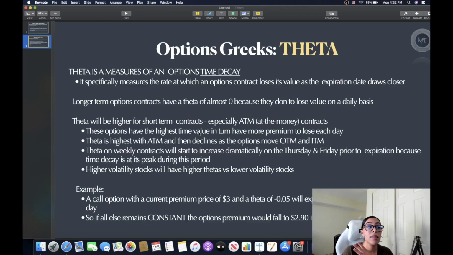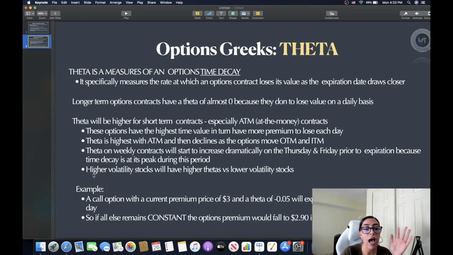Say for example, you entered at a level of 300, the stock pulls back to 298 on a Thursday, then moves back up to 300. You could still potentially be down on that position, even though the stock is back at the price point you entered. Because time decay is working against you, you're not going to be able to make up that premium price. The stock's going to have to make a more significant move.